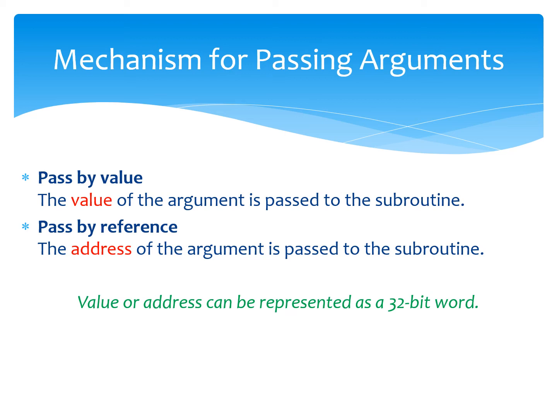As you can imagine, if a document has a lot of pages, such as an array, it is inefficient to send all pages to the subroutine by fax. Therefore, it will be more convenient to send the original document to the subroutine. For this reason, when passing an array to a subroutine, pass by reference is used.